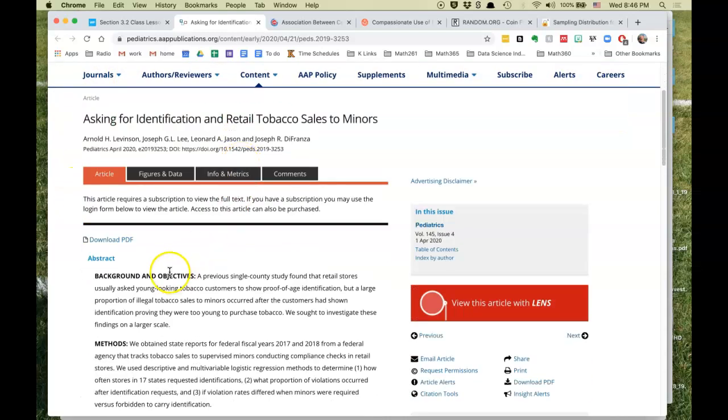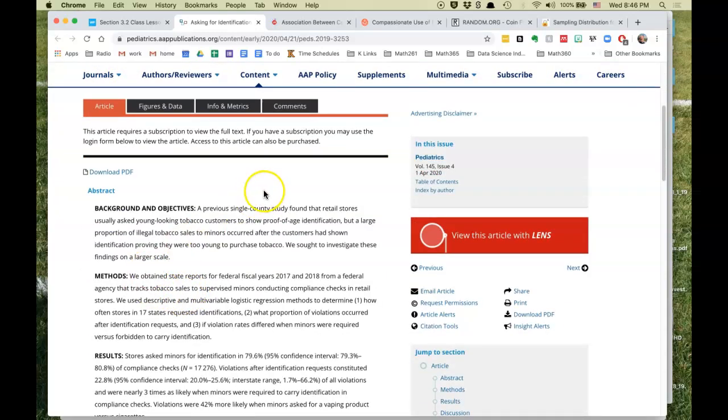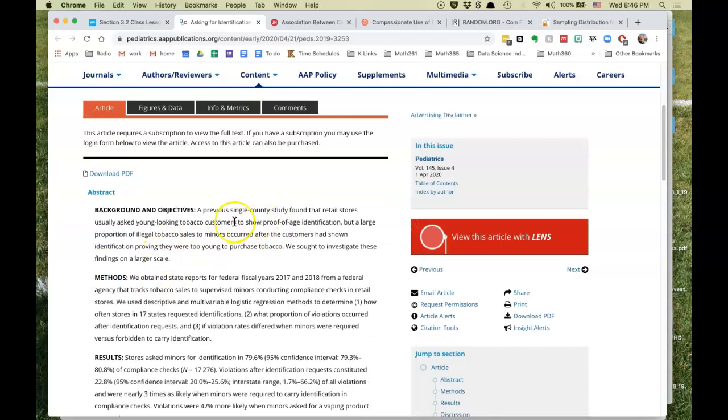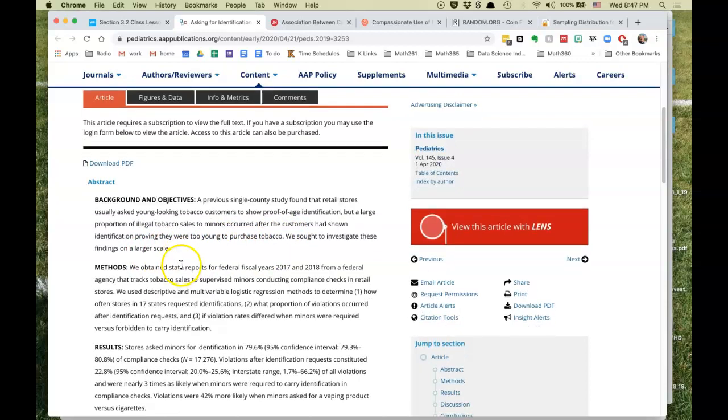It was a study trying to figure out the extent to which people were asked for ID. A previous single county study found that retail stores usually ask young-looking tobacco customers to show proof of identification, but a large proportion of illegal tobacco sales to minors occurred after the customers had shown identification proving they were too young to purchase, so they were still sold.